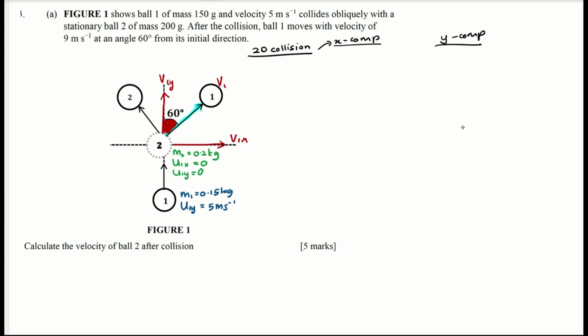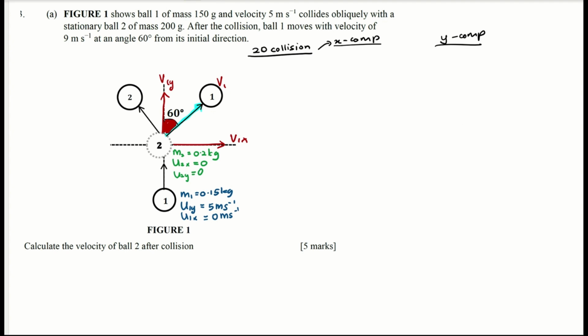Kalau yang untuk Y tadi, dia U1X dia kosong. This one should be U2, U2X and U2Y. Tapi kalau untuk objek yang pertama tadi, U1X dia kosong. Alright. So now, conservation of momentum. Okay. So kita akan tengoklah.